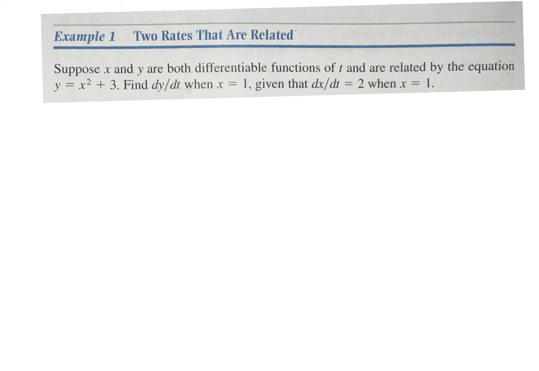Notice that they have told us x and y are differentiable functions of t. So we are finding all of these with respect to t. If there had been a t variable in my equation, I would derive it just like I did my x's without a dy dx. But this is all with respect to t.